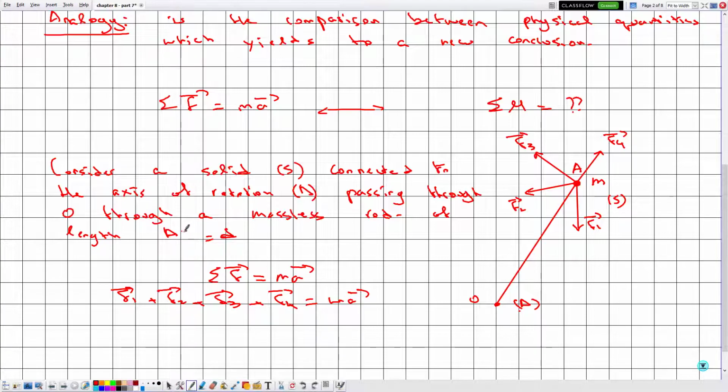Suppose this is the positive axis of rotation.